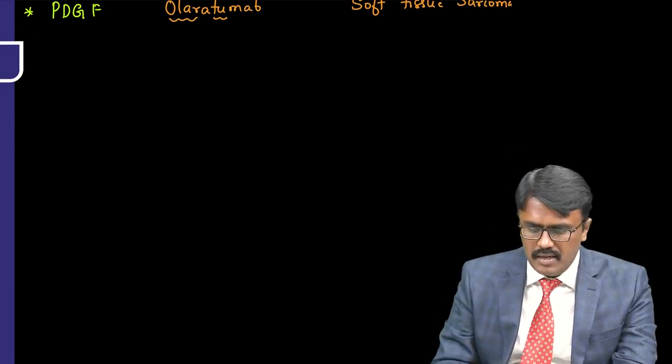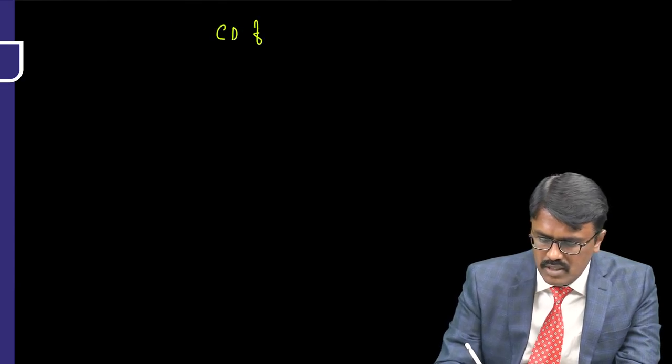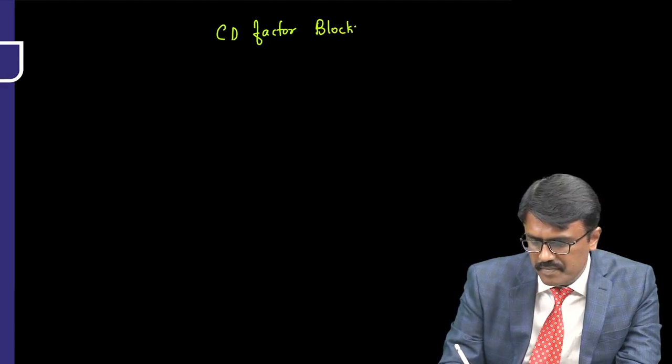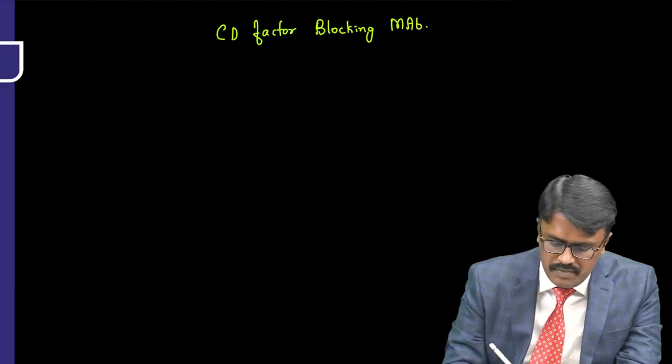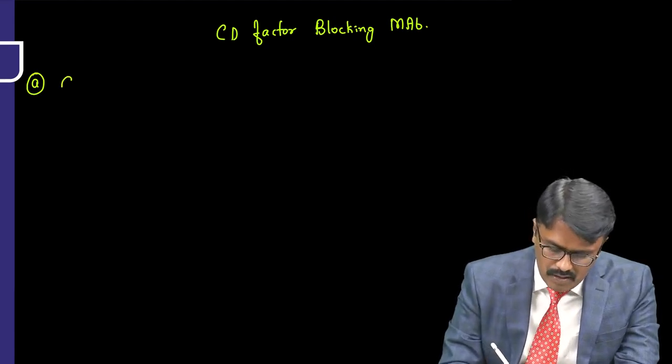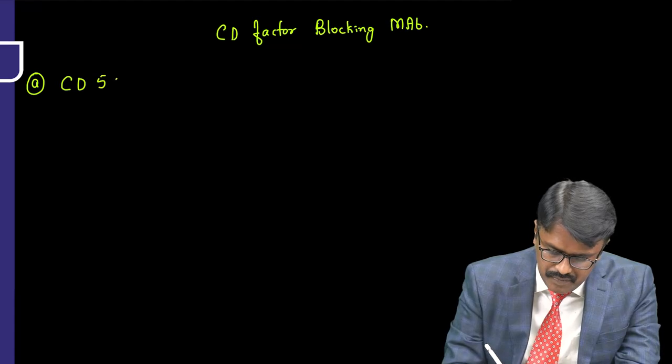Now once we targeted these growth factors, then we thought one more thing. Why can't we block the CD factor? So CD factor blocking MABs. Yes, what is the CD factor blocking MAB? We can block the CD52.